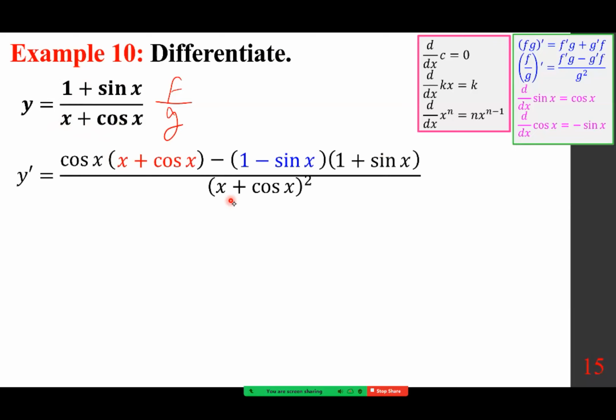We are going to distribute and simplify. So this is x cosine x, this is cosine squared, and this one is 1 minus sine squared.